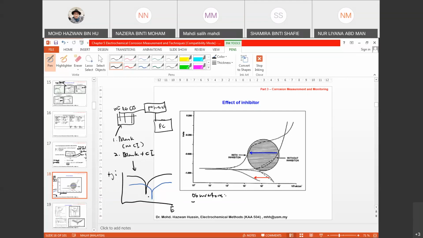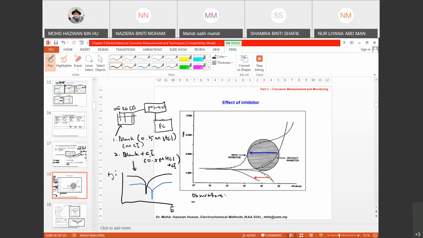What you can observe over here, first, is that when you add inhibitor, the curve is below the curve of the blank. Imagine you still use the same metal, mild steel. The test solution, one is maybe 0.5 molar HCl, and this one is 0.5 molar HCl plus CI. The environment is still the same.